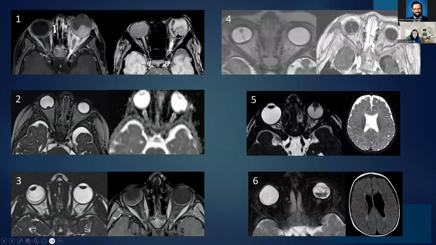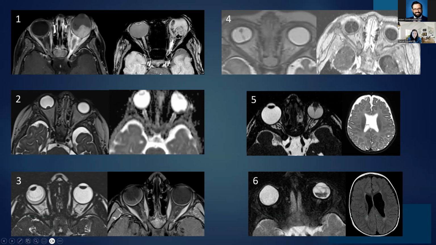And I would like to start with the 6 patients on this screen. If you have a pen and paper, you can try to write the diagnosis down for each patient. For patient number 1, I give you the post-contrast T1 and SWI. Patient number 2, I give you the T2 3D and ADC image. Patient number 3, I give you the axial T2 and also post-contrast T1.